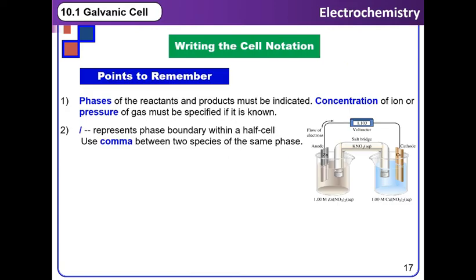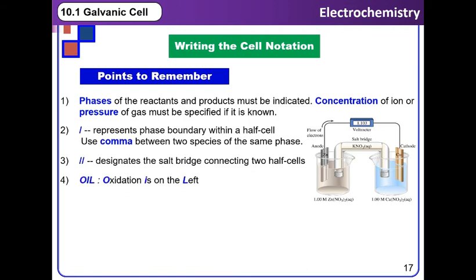Okay, phases of the reactants and products must be indicated. Concentration of ion or pressure of gas also must be specified if it is known. Okay, a single slash represents a phase boundary within a half cell, and use a comma between two species of the same phase. Double slash designates the salt bridge connecting the two half cells.